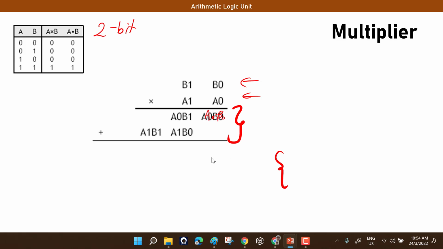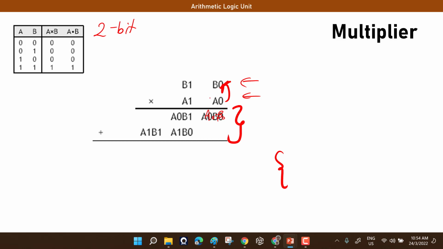When you have two 2-bit numbers to multiply, you would have something like this: A0 B0, A0 B1. How do we do it? Same like your mathematics before.